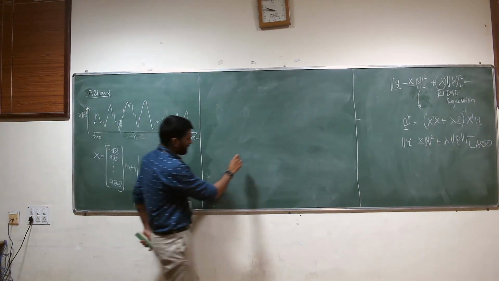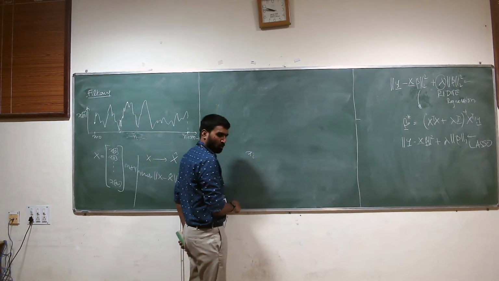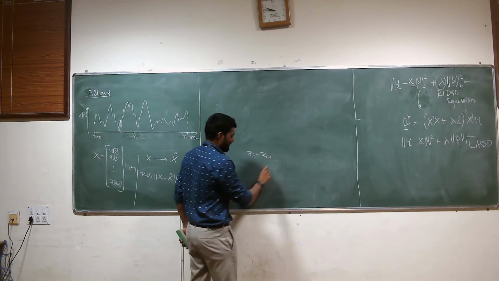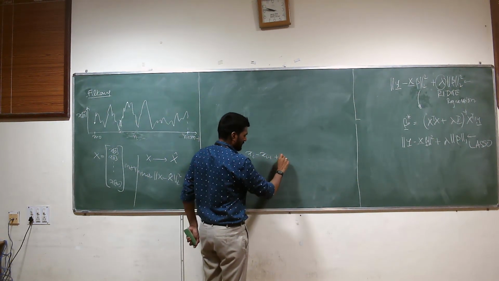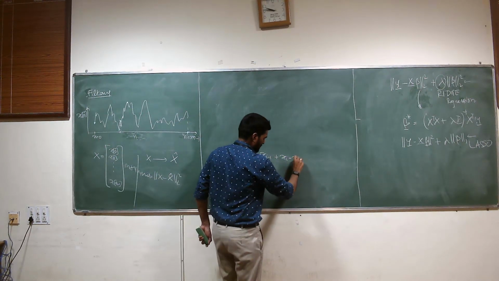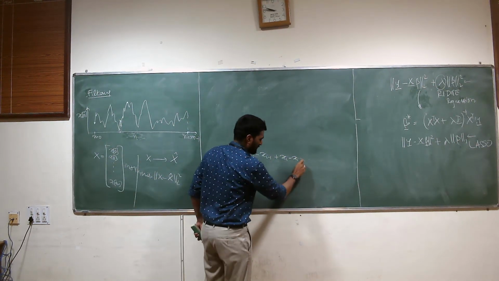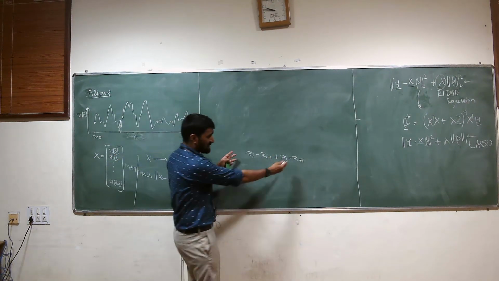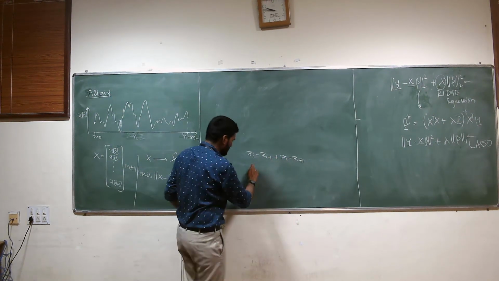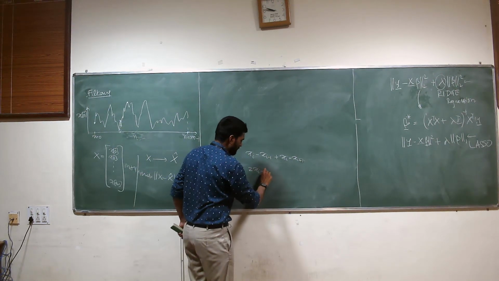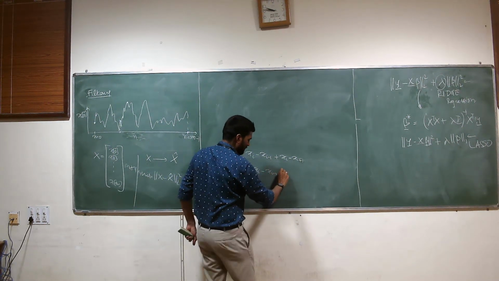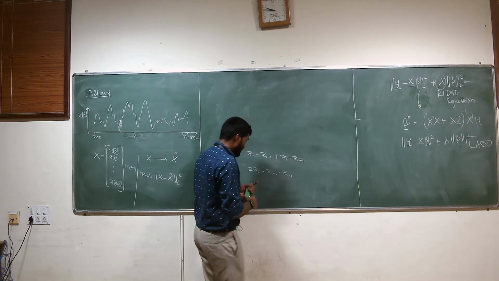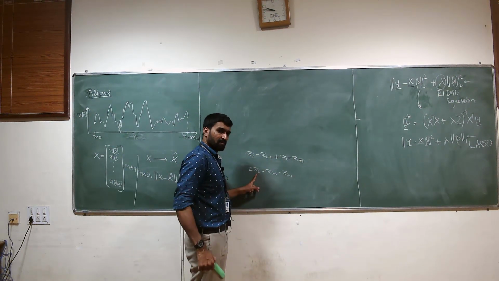That means if i is the current point, then its difference with i minus 1 and i plus 1, the adjacent points, is small. This is equivalent to saying 2 times x_i minus x_(i-1) minus x_(i+1) is as small as possible. And this is true for all i, right?